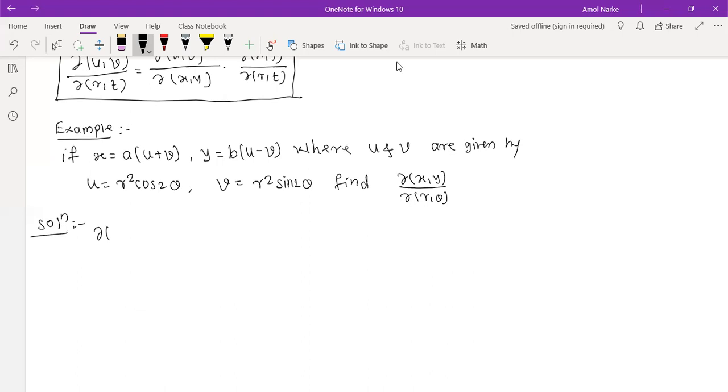Yes, it is the Jacobian of x and y with respect to u and v, into the Jacobian of u and v with respect to r and theta.